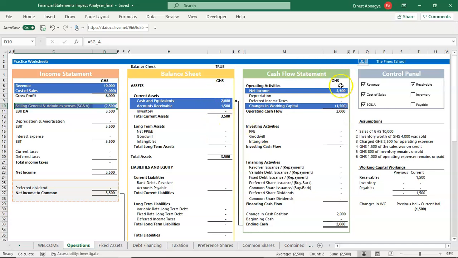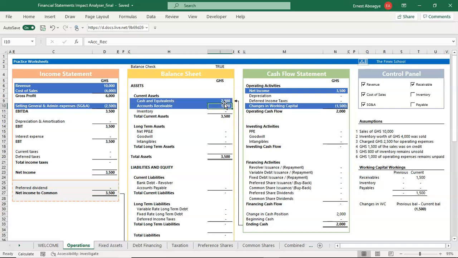And that is what this seeks to do. It seeks to split the cash element of the net income and tell you that within this net income of 3,500, 1,500 of it must be removed so that the real cash we have received is 2,000. And then our cash balance becomes 2,000.